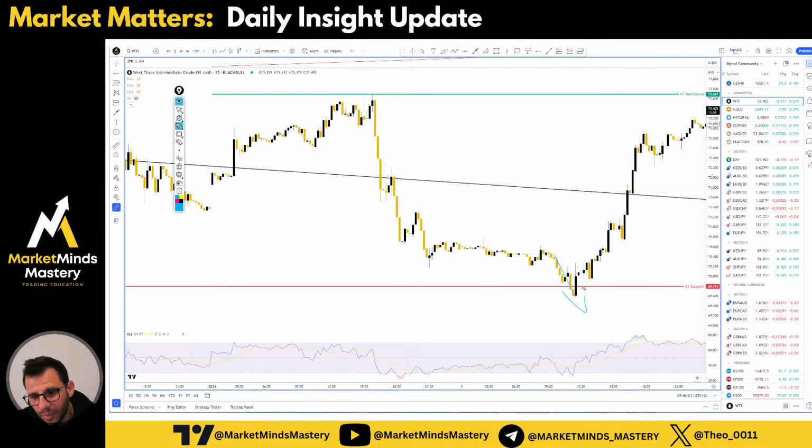Maybe the price will break below the support, maybe it's going to bounce to the upside. Nobody knows. That's why, as retail traders, we must understand our trading capacity.